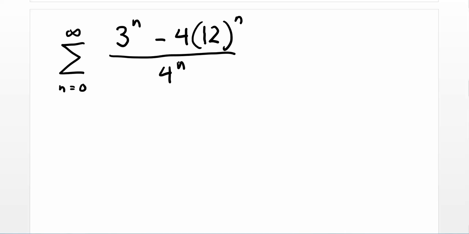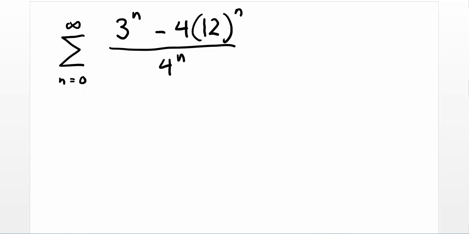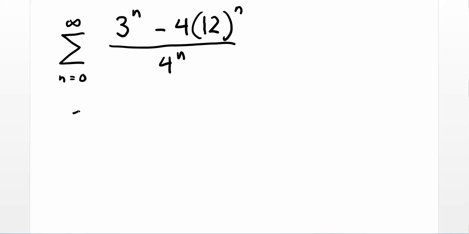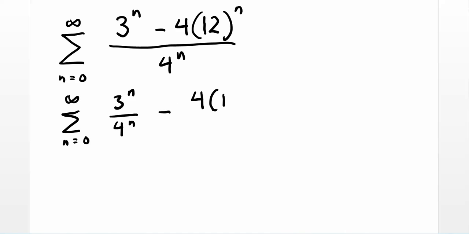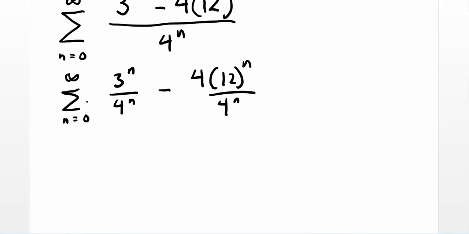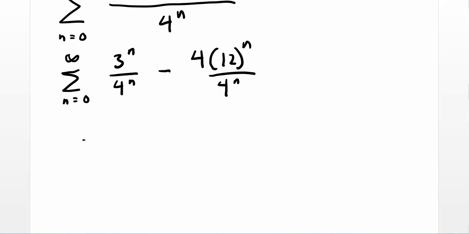Okay. This is a pretty ugly series, but we can split it up. This becomes 3 to the n over 4 to the n minus 4 times 12 to the n over 4 to the n. Now, we can turn this into two different series.